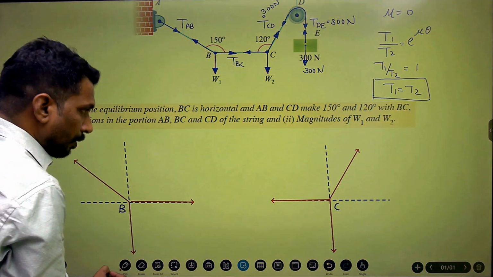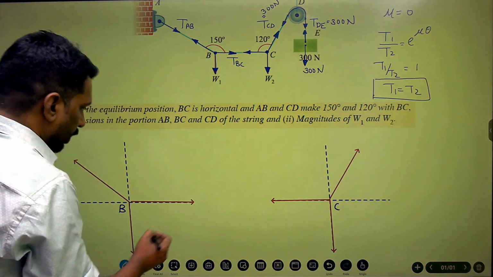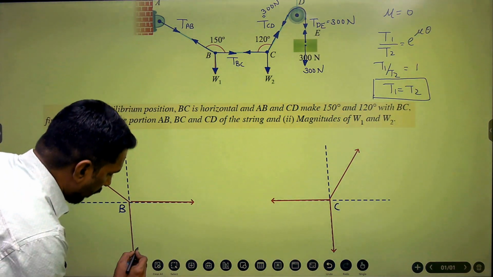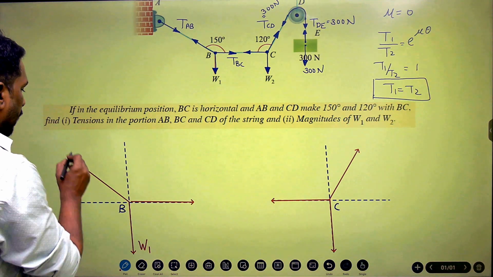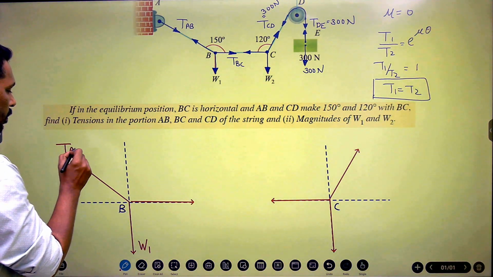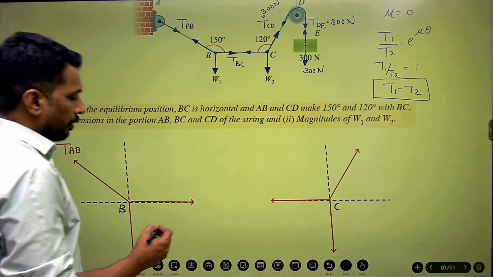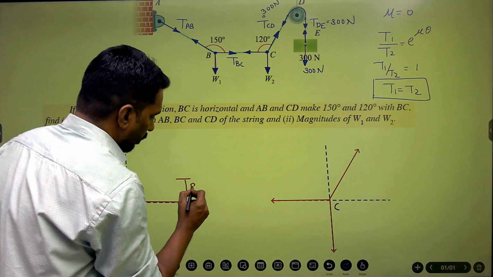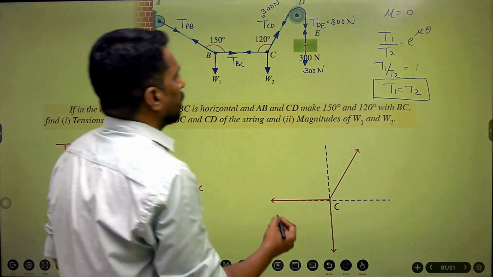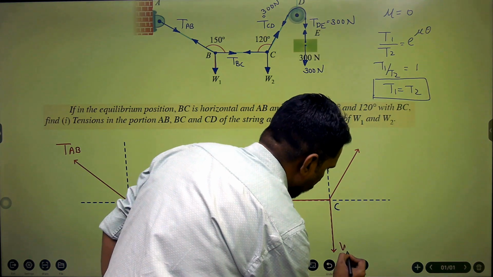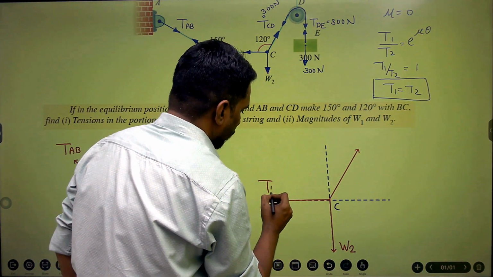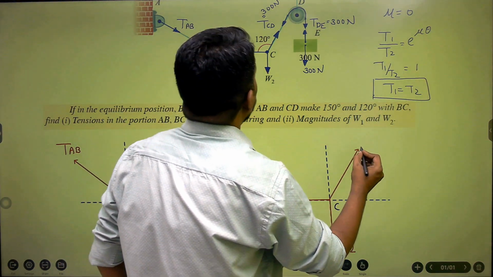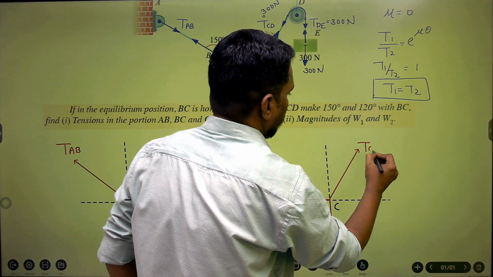Now I'll show the force names. So this is W1, this is TAB, this is TBC. Similarly here W2, then TBC, and here it is TCD.